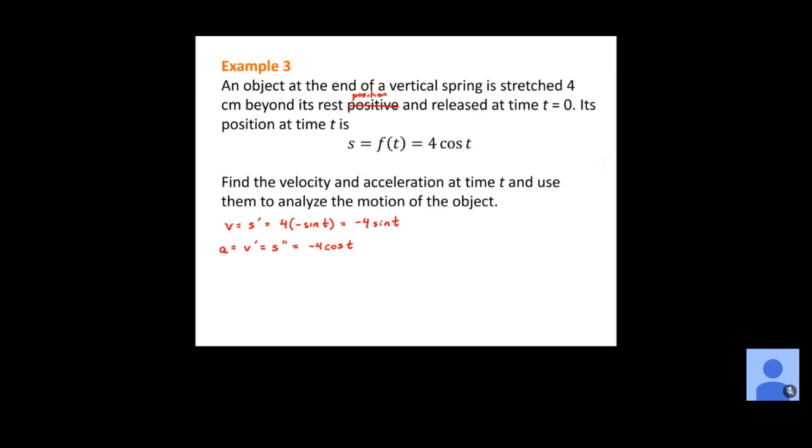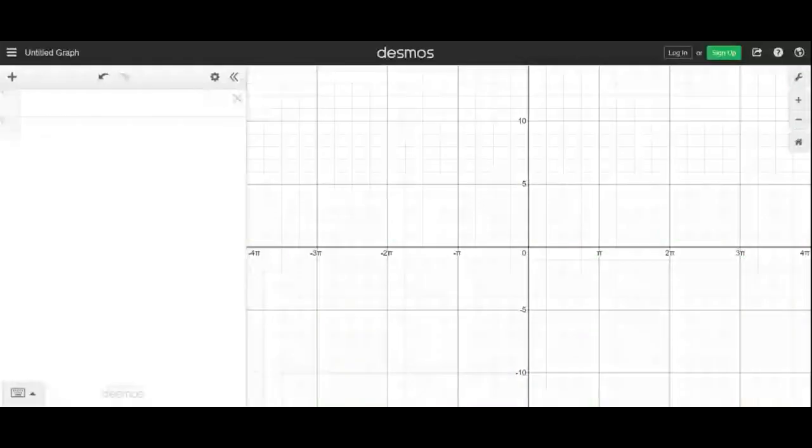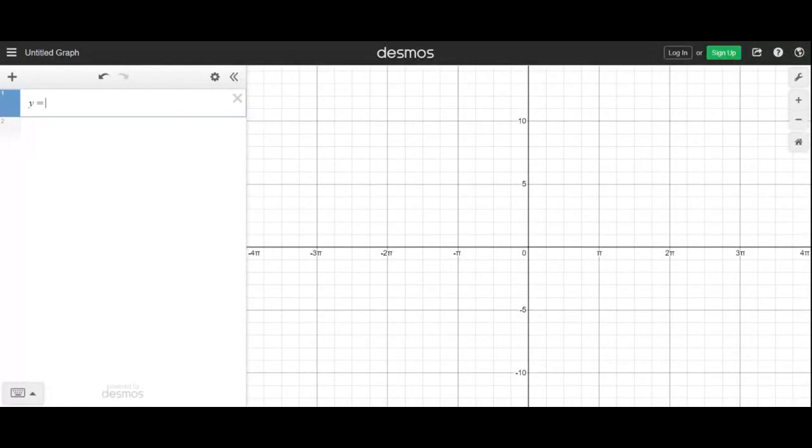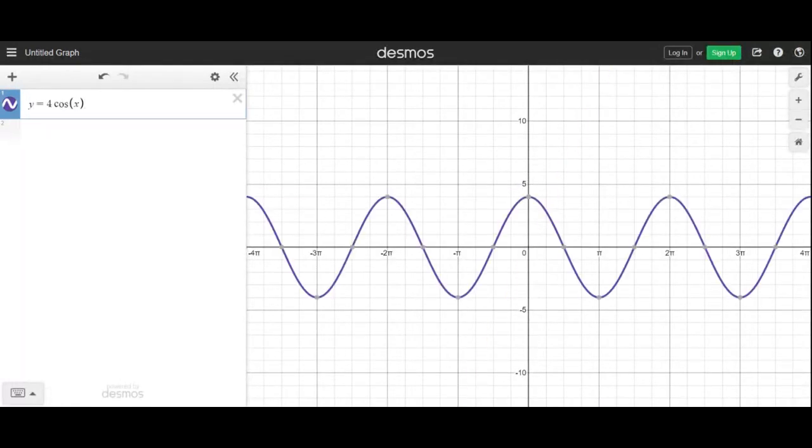Now, like I said, let's look at Desmos. I'm going to graph all 3 of these. We'll start with one at a time, and then look at them all together to see how they're related. Our position function is 4 cosine, and I'm using an x here just so Desmos graphs it.